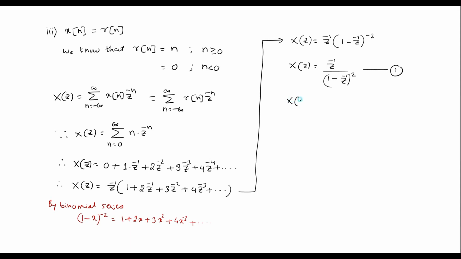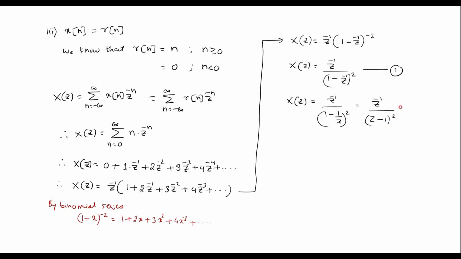Further, I can simplify this as X of z equal to z inverse divided by 1 minus 1 upon z, whole square, which is equal to z inverse divided by z minus 1 whole square divided by z square.